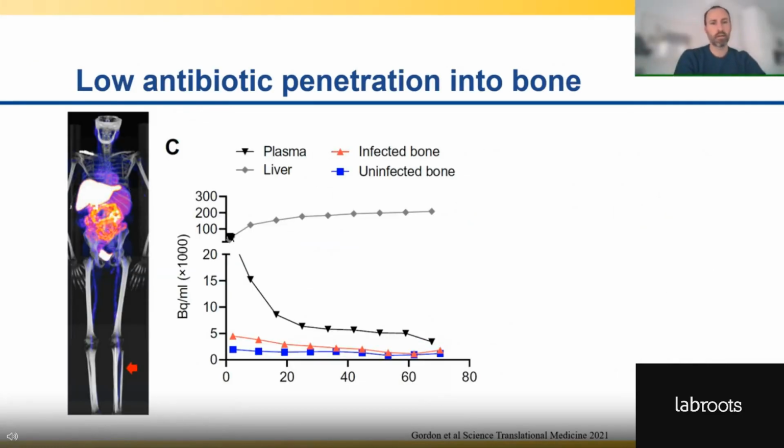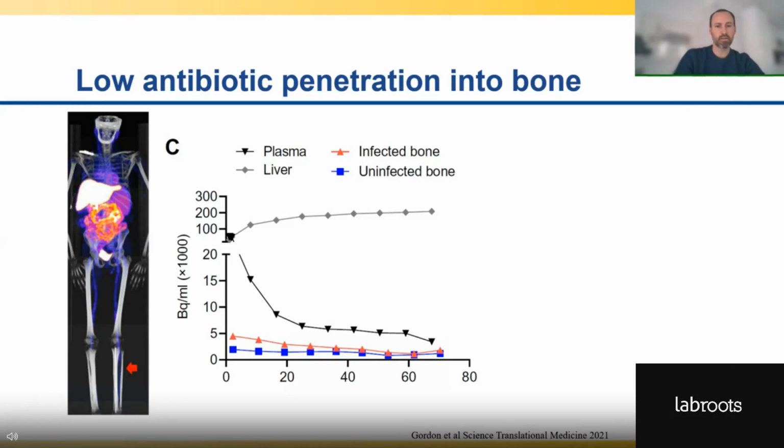In this next study, our collaborators at Johns Hopkins used PET scans in patients with infected bone to see whether rifampin antibiotic could penetrate effectively into the bone, to see if this could explain why infections in bone are difficult to treat with antibiotics.